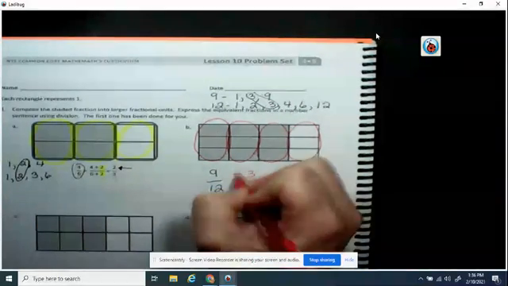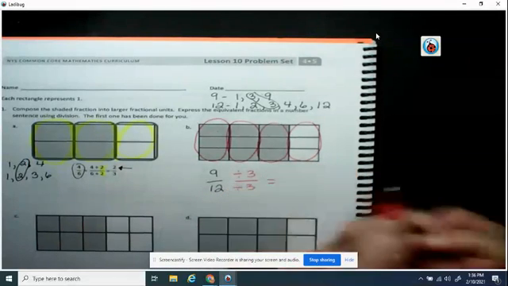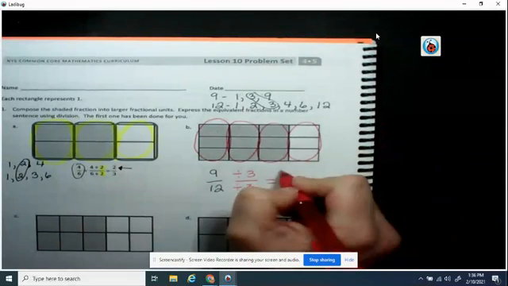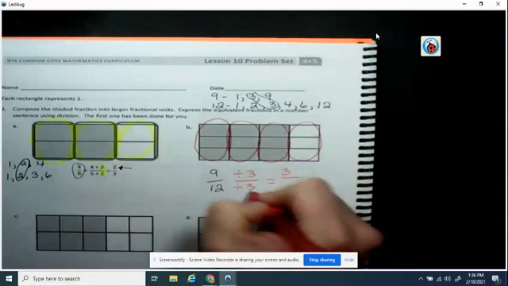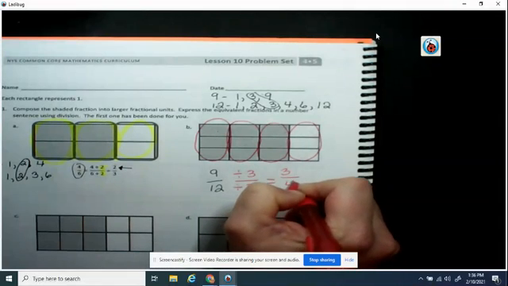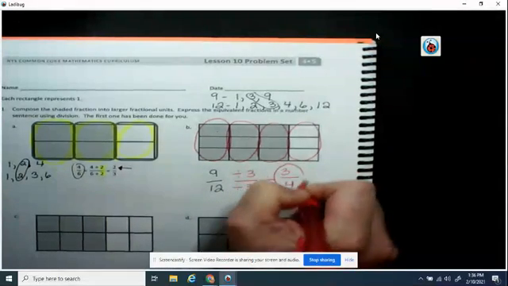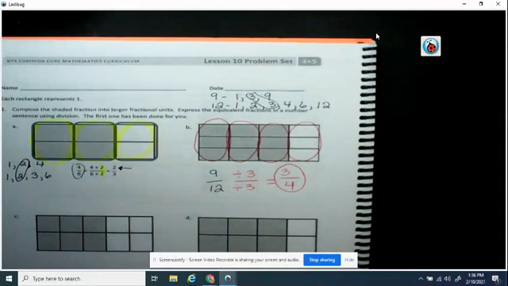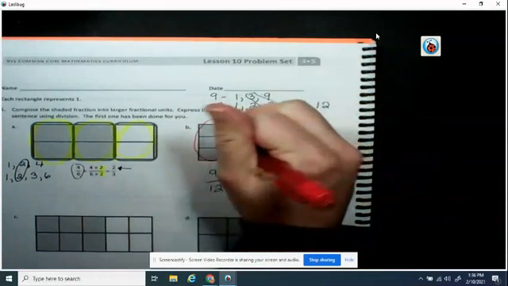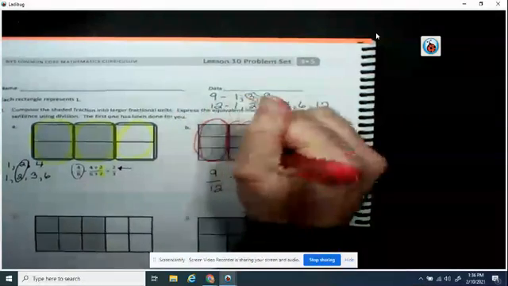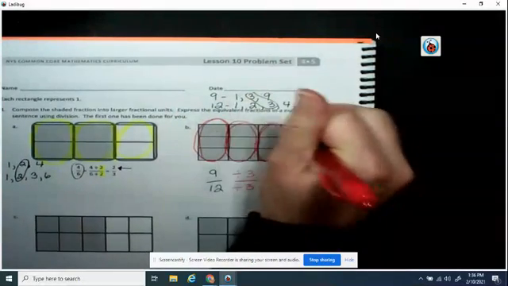What I divide the top by, I also have to divide the bottom by, and so 9 divided by 3 is 3, and 12 divided by 3 is 4. So my simplest form of this fraction is going to be 3/4. And I can look at the picture and see that I would chunk these together. So that's one strategy.